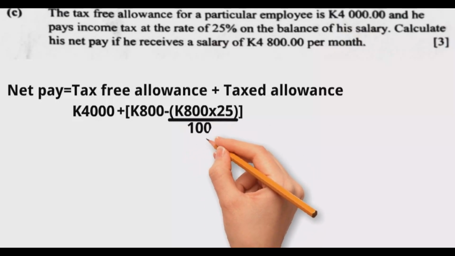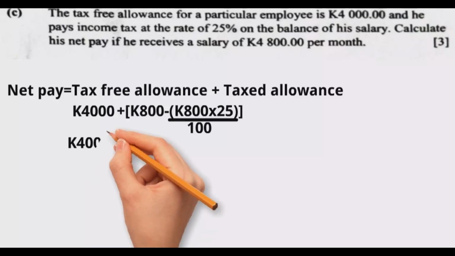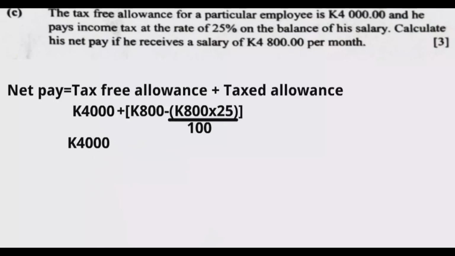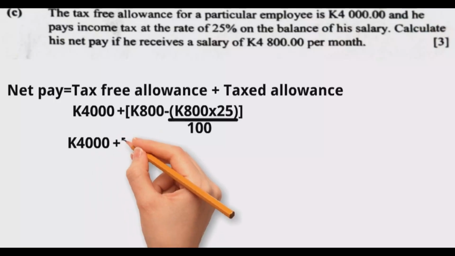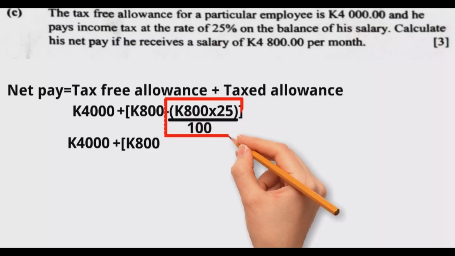Once we've done this, we write 4,000 in advance, then 4,000 plus open bracket 800 kwacha, then we evaluate what is inside, the ones I've circled there.